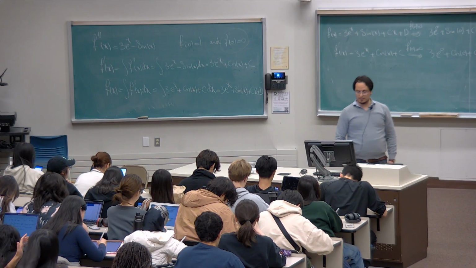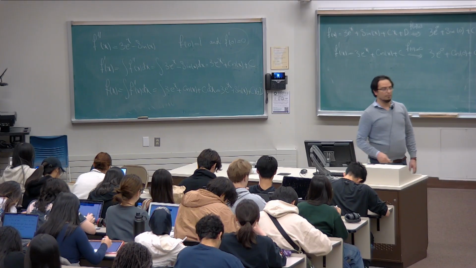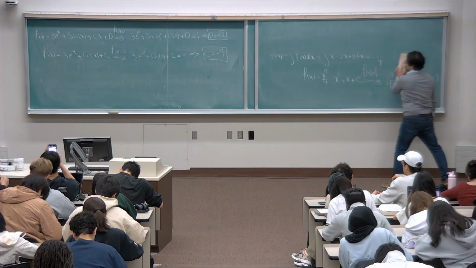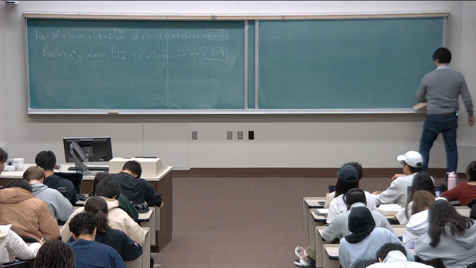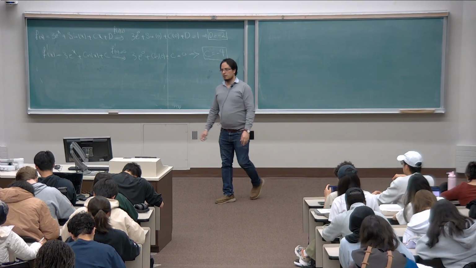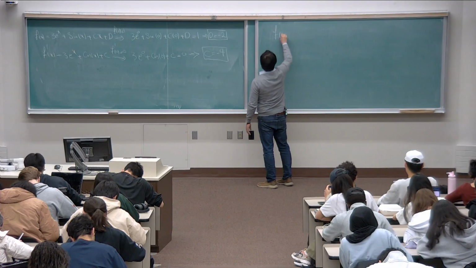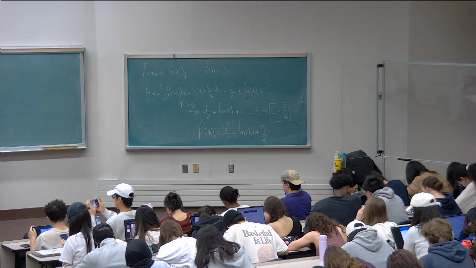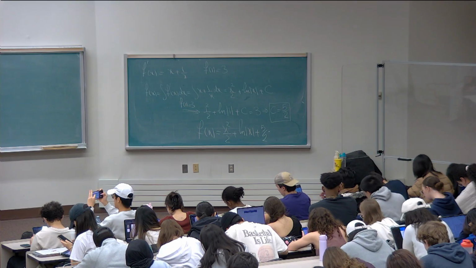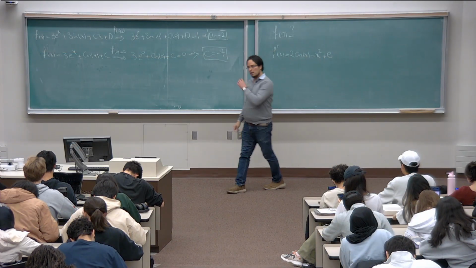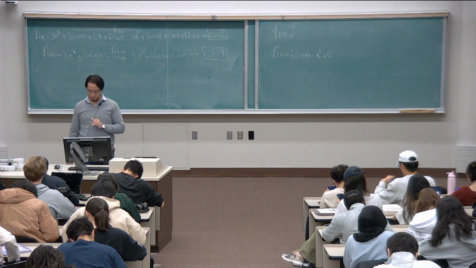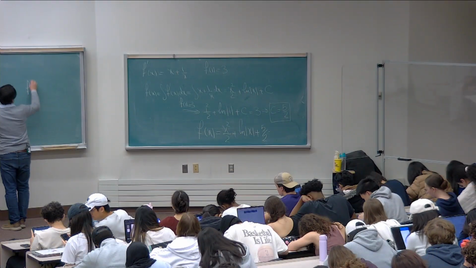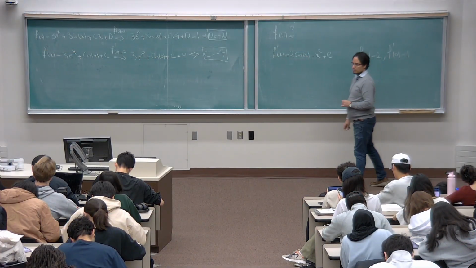This time, you're trying to find f evaluated at a point if f double prime is given, and two conditions are also available for f.